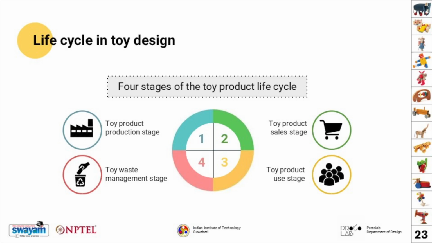3. Toy product use stage. The use phase considers durability, safety, and functional lifespan. Since toys often have short usage cycles, durability becomes critical in extending the product life cycle.